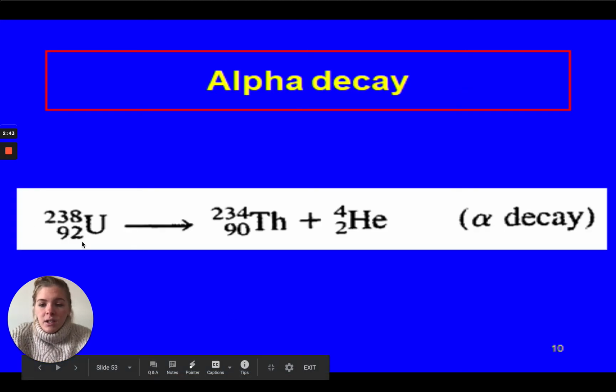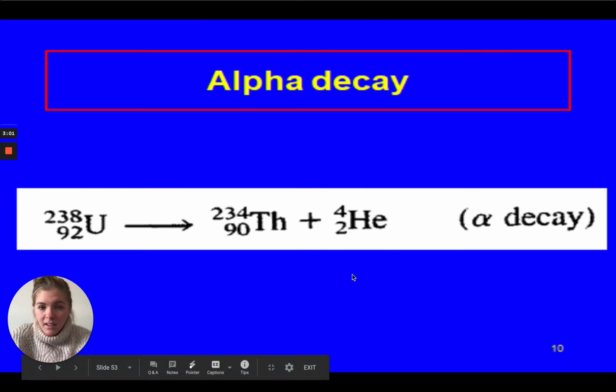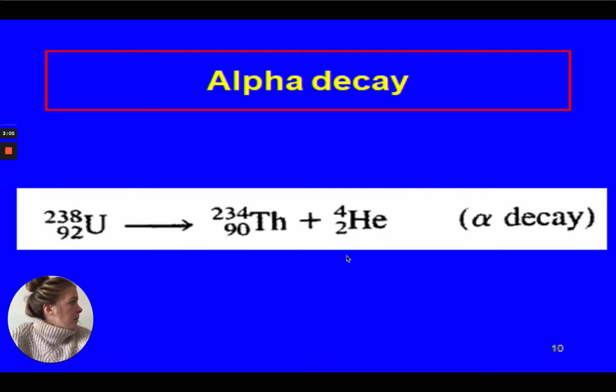We can see here in this example we have uranium. Uranium has an atomic number of 92 and an atomic mass of 238. It's telling us that uranium is going through alpha decay. We know that alpha decay is represented by this 4, 2 He because that is an alpha particle. Since we have 4 at the top and 2 on the bottom, we need to subtract it from our original atomic mass of 238. 238 minus 4 is 234.